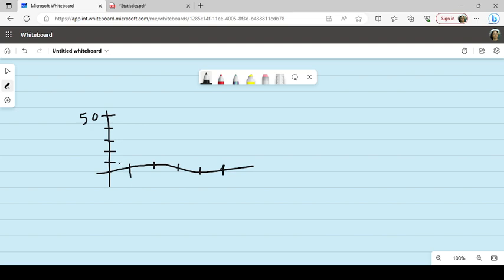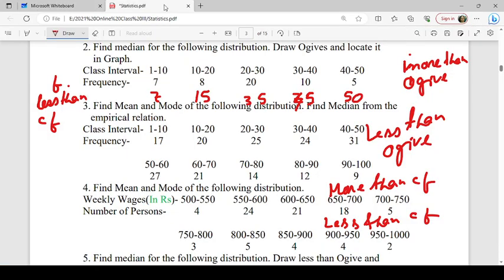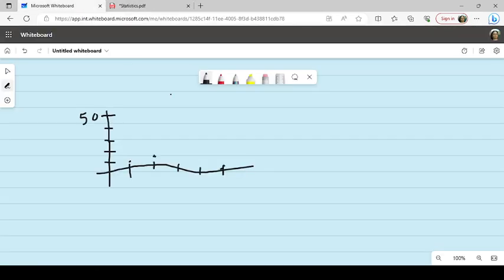So less than 10 it is 7, 7 is here. Then after 7, 15 is somewhere here. Then 35, 45, 50. 35 is here, this is 30. Then 45, and then 50.